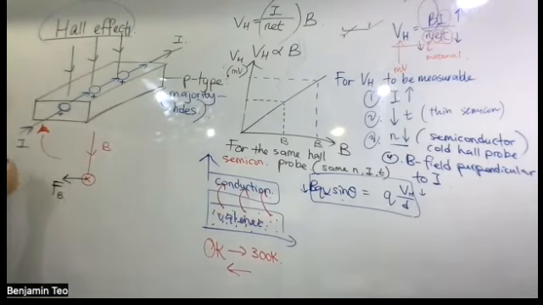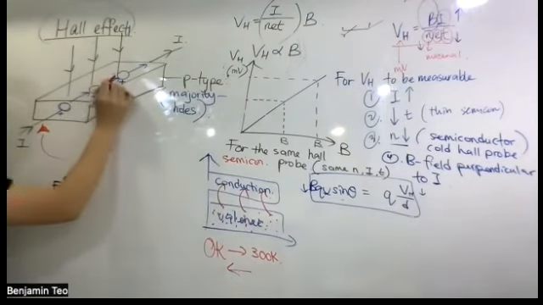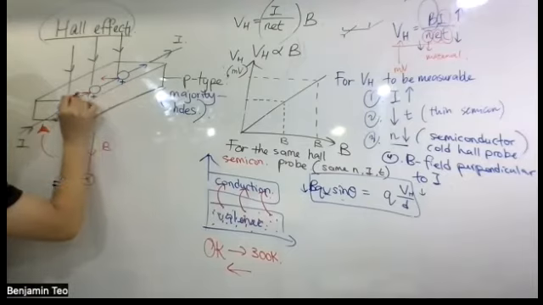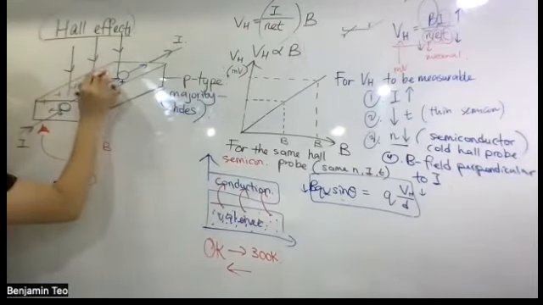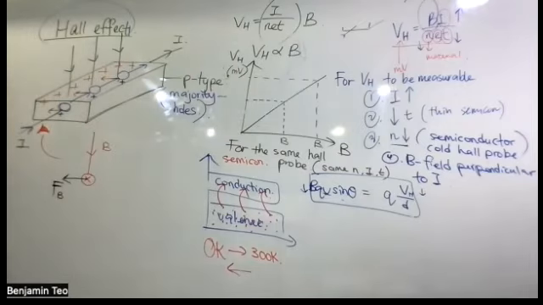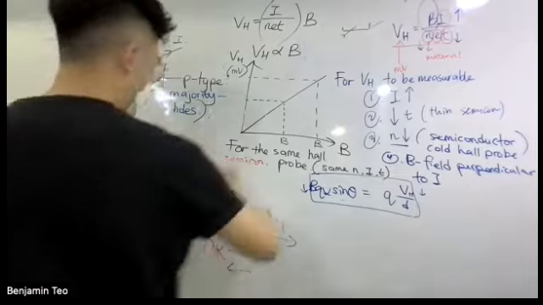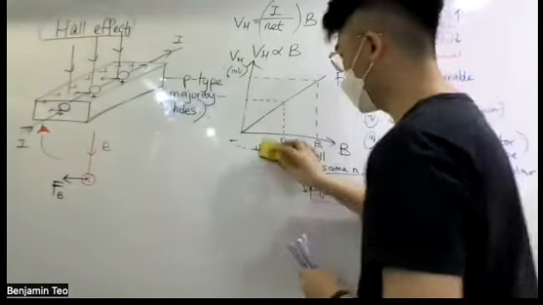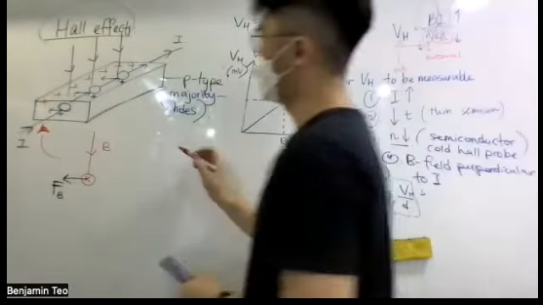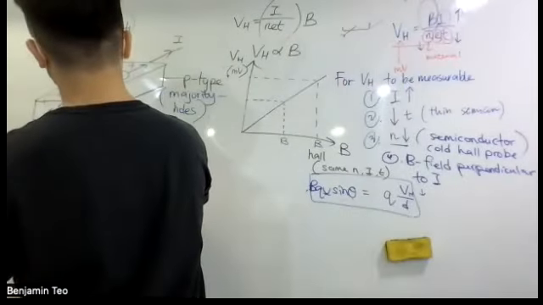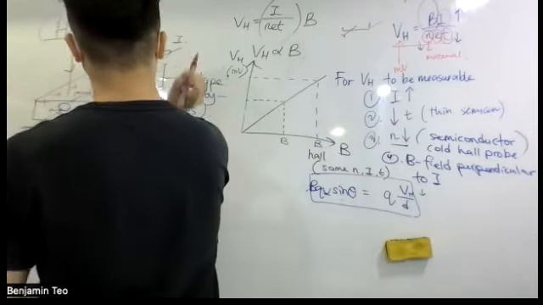So all these positive charges will start to move left and build up on the left. Just now it was the electrons moving to the left. Now if I change to P type, it is the holes, the positive charge, building up. So the polarity switches, here you have negative.